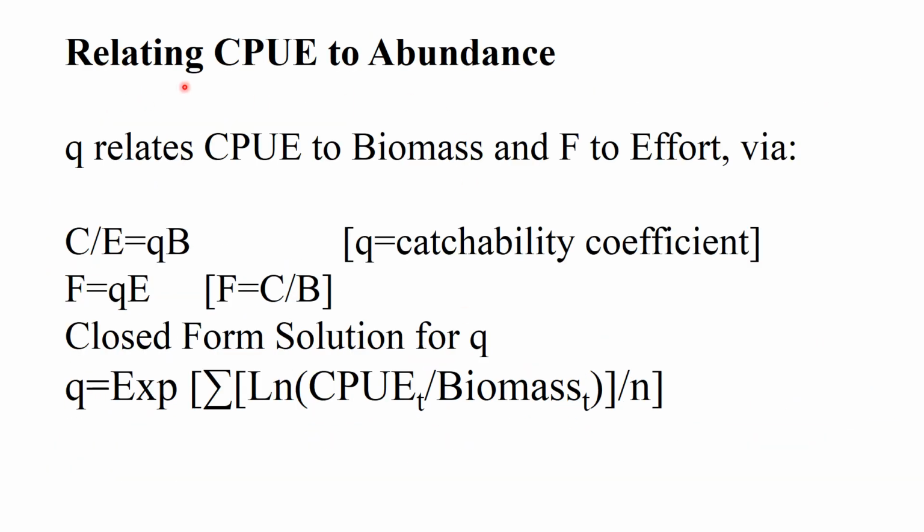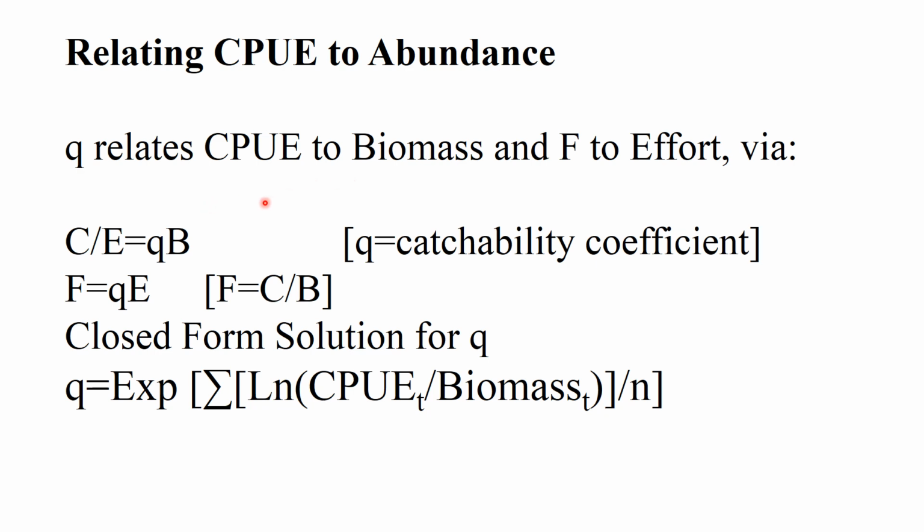Now, how is the CPUE related to abundance? How can we estimate the CPUE or the catchability coefficient? Q is the catchability coefficient. It is related to CPUE. The catchability coefficient is nothing but the probability of capture. It means if you are using that amount of hooks in your region, then what is the probability of capturing fish from 1,000 hooks?